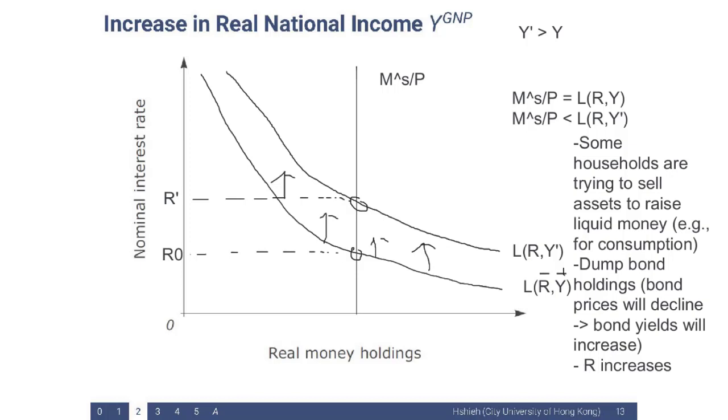Y prime is larger, and we know there's a positive relationship between Y and liquidity preference. So increasing Y will make liquidity preference larger. And so naturally, if I look at this equation here, increasing Y will make L larger, and therefore this expression will be larger than the left-hand side expression now. All right, so we're out of equilibrium.